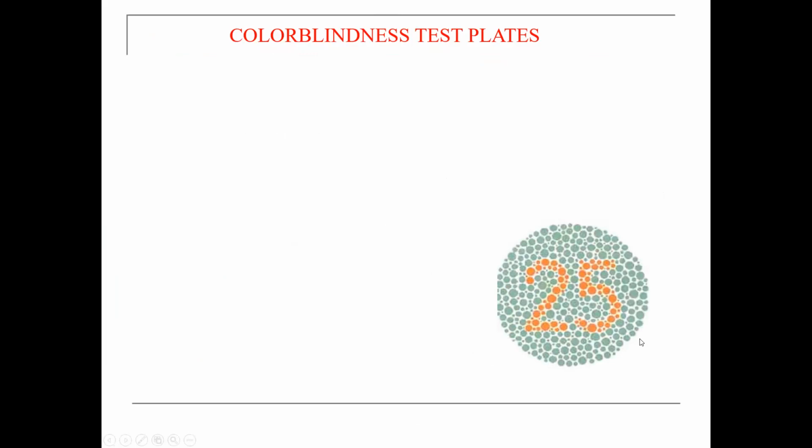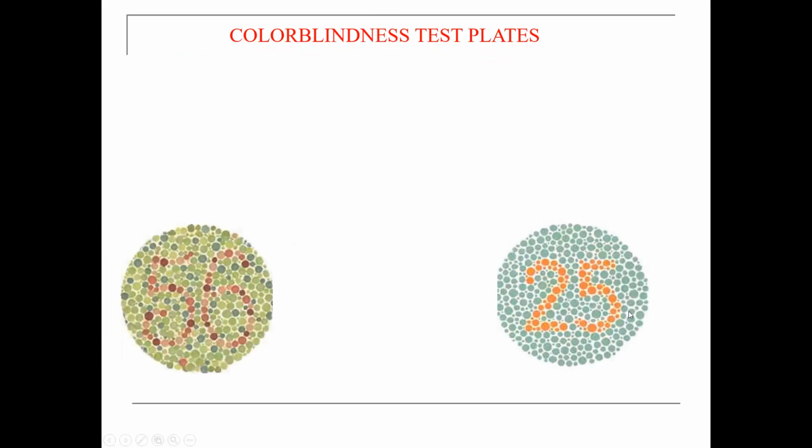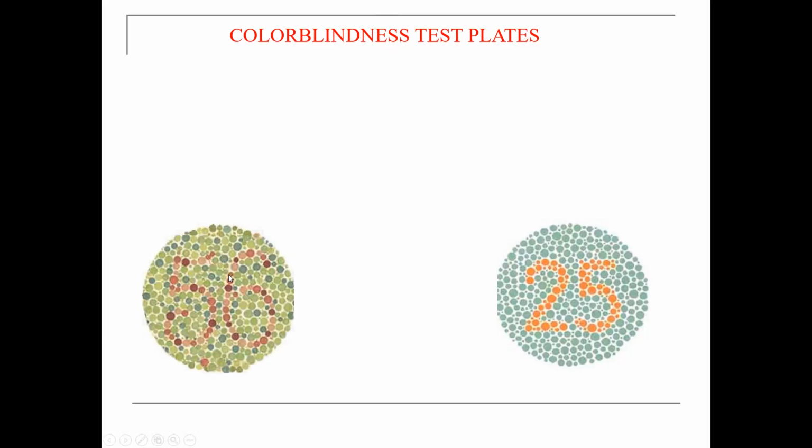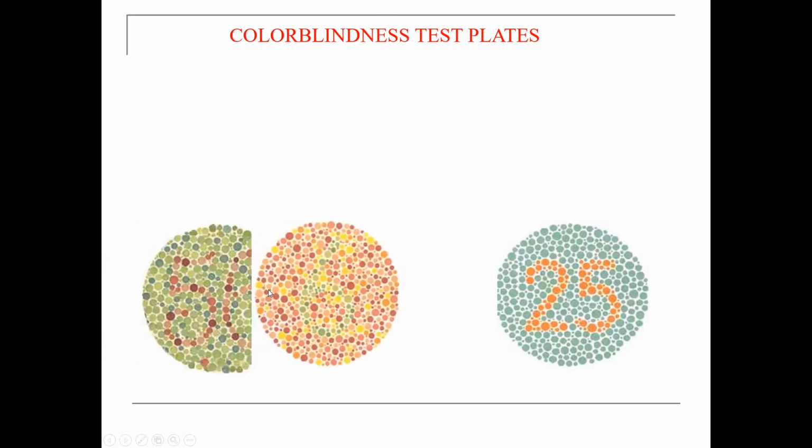If you have a type of color blindness, you would see everything as a shade of gray. Same here. We see greens of different shades, and different shades of red. We see the number 56. If there's no indication of color blindness, particularly red-green, you would see the number 56.